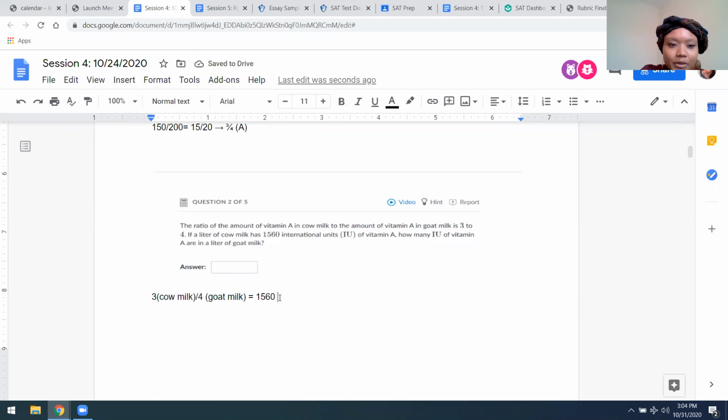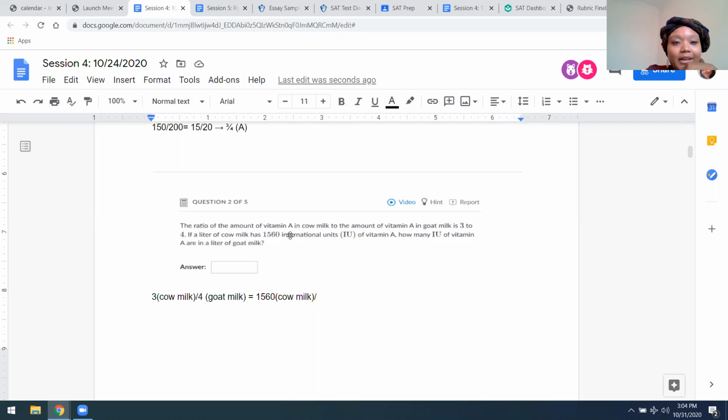So what we're going to do is just mirror what we know is happening on one side to find out the other part of what we're missing on the other side. So 3 is over 4 on the left side of the proportion because the ratio of vitamin A in cow milk to vitamin A in goat milk is 3 to 4.